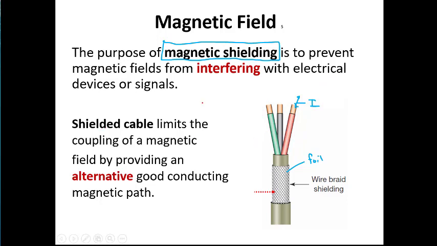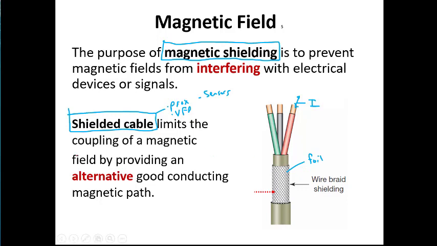When we put shielding inside a cable, this is called a shielded cable. You may have heard of that at work. A lot of times we'll use shielded cables for things like prox sensors, variable frequency drives, transducers, and sensors.